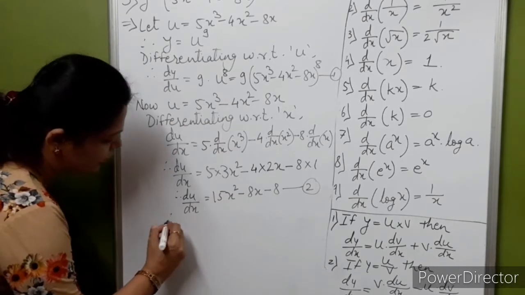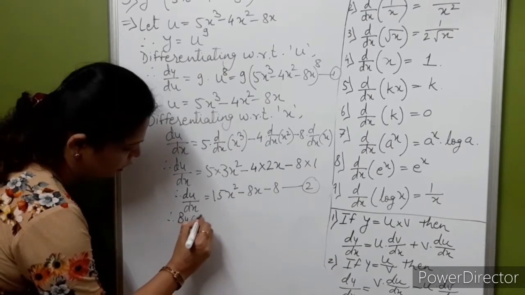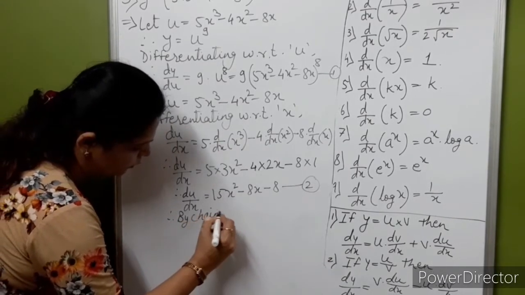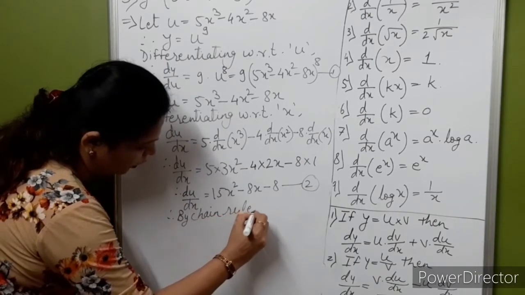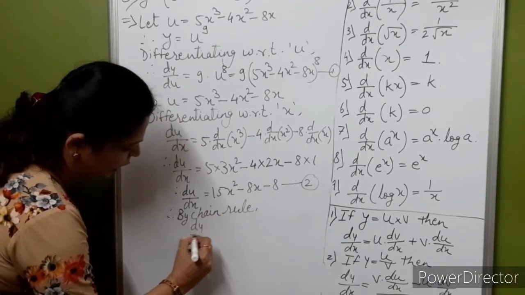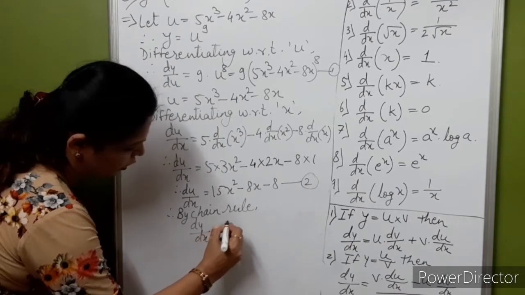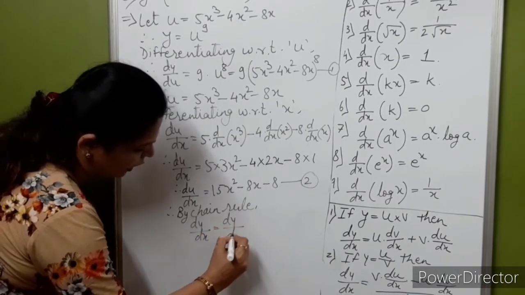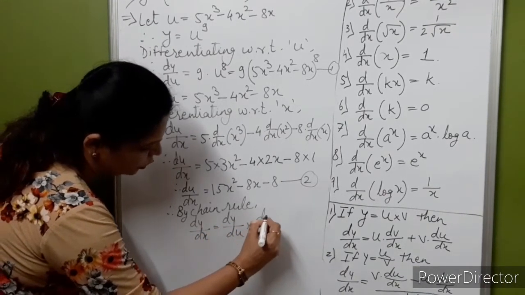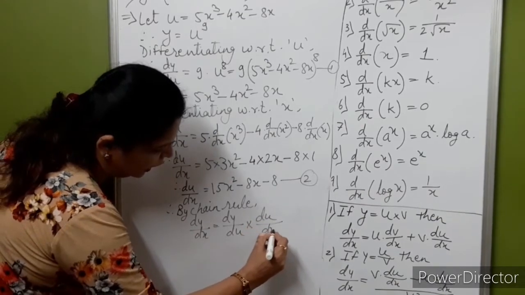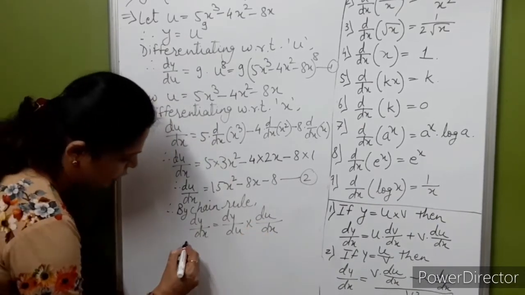So therefore by chain rule, dy by dx is equal to dy by du into du by dx. So substitute.